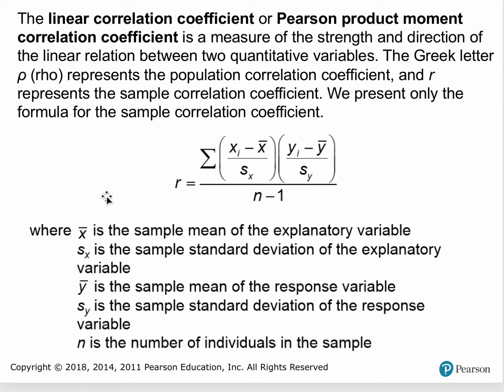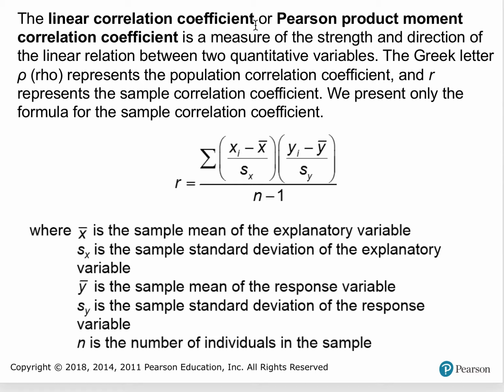That leads us to the linear correlation coefficient, or Pearson product moment correlation coefficient. Yeah, that's a mouthful. So we could just call it Pearson's coefficient or Pearson's r. And it has nothing to do with our book or MyLab Plus being a Pearson product. It's from a guy named Pearson back in the 1800s.